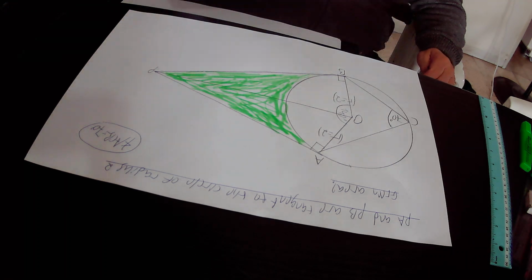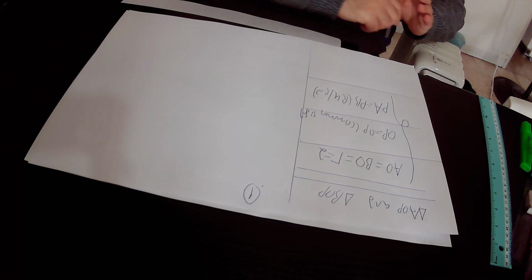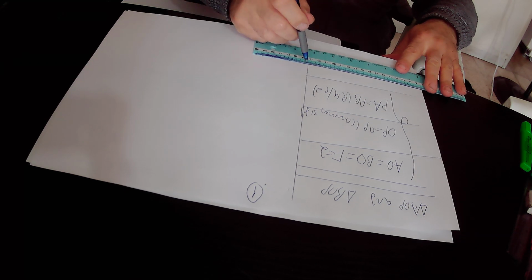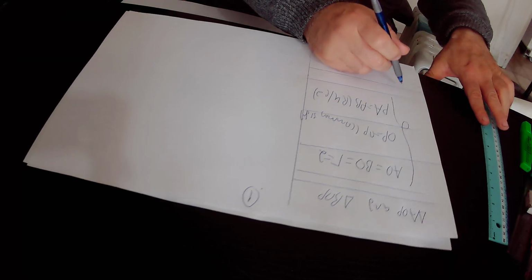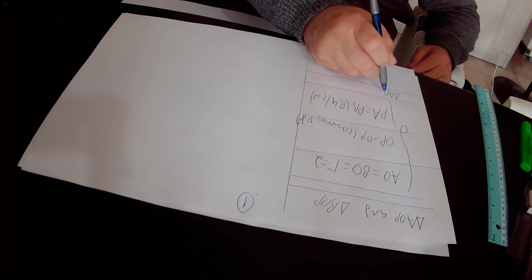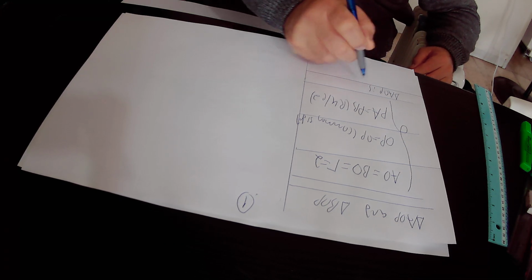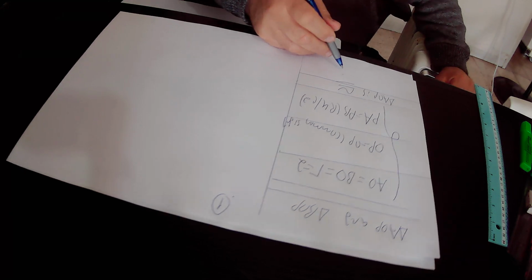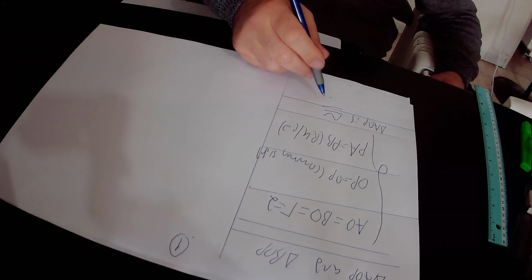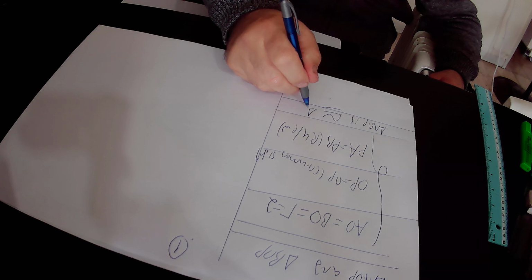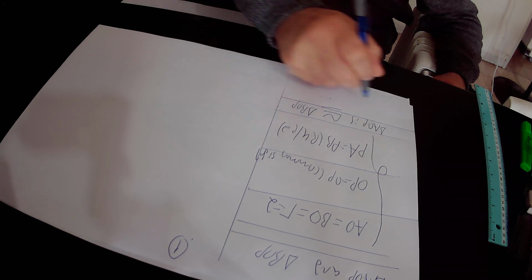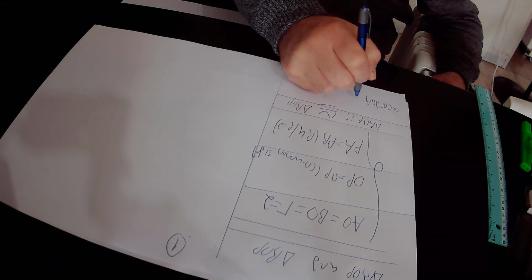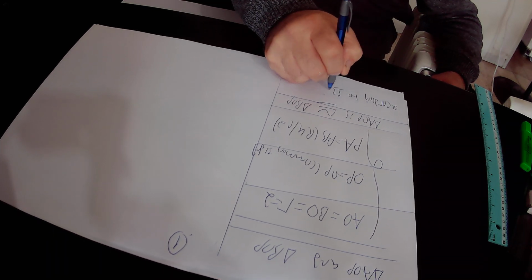So I write it down. So the upper right triangle AOP is congruent, this is the sign of congruent, to the lower right triangle, triangle BOP, according to side rule.